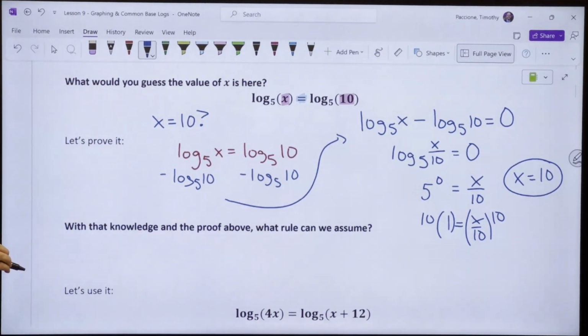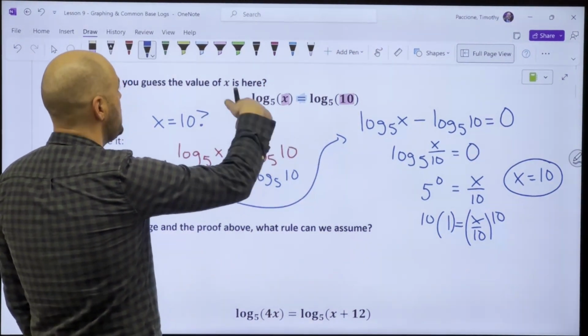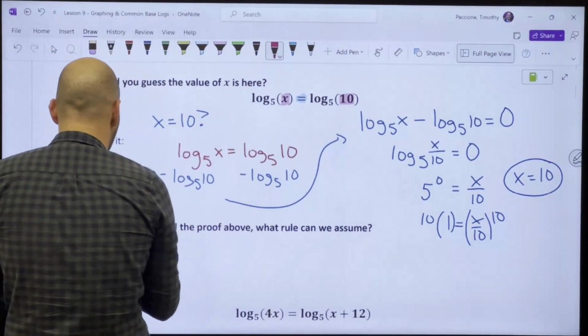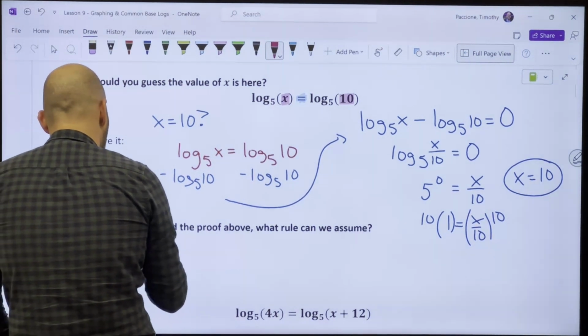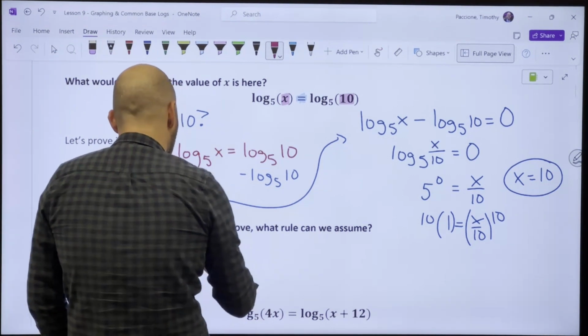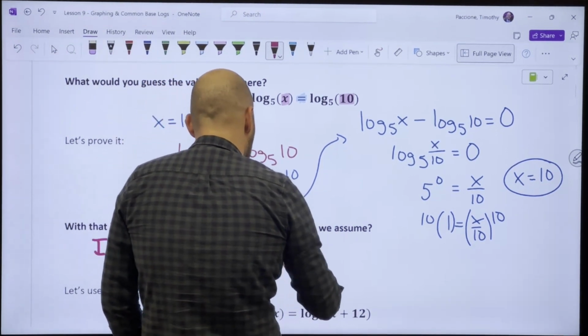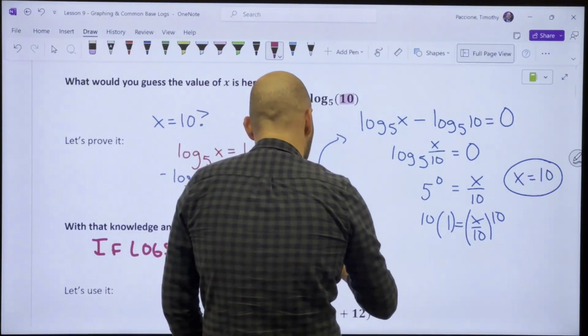Do we have to do that every time? Absolutely not, because this is a property, a rule, a law, right? So we can just move forward with this knowledge. If logs are equal and have the same what?